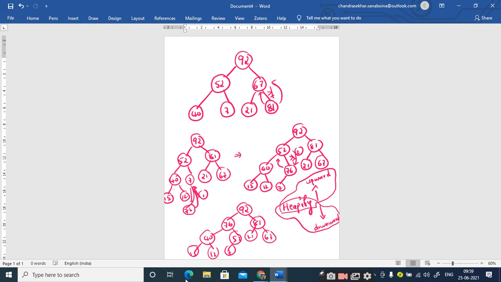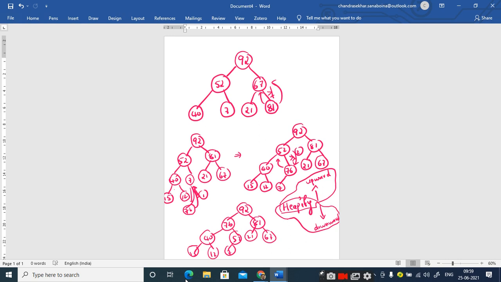So you remember that heapify is a method or a function which is used to implement the heap properties inside the heap data structure, nothing more than that. Either you can do the heapify in the upward direction or in the downward direction.